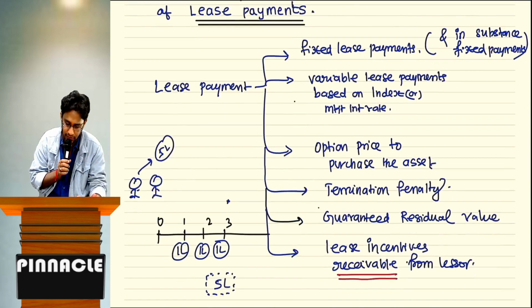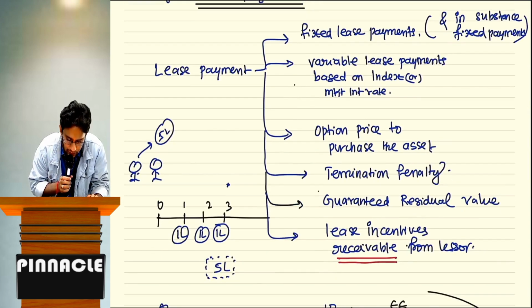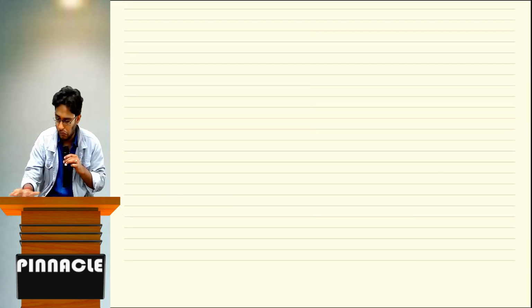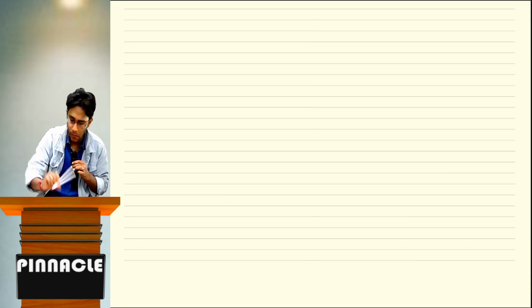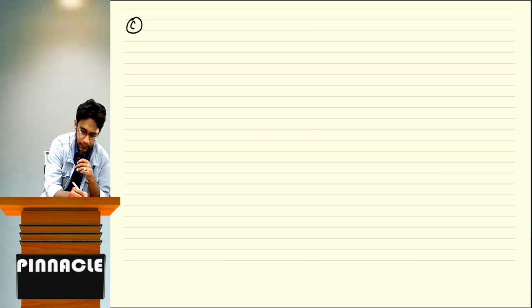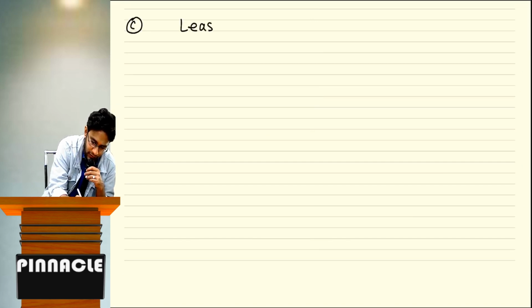So, how many items are there? 1, 2, 3, 4, 5, 6 items are there. Okay, right. We'll make a chart kind of thing, sir.